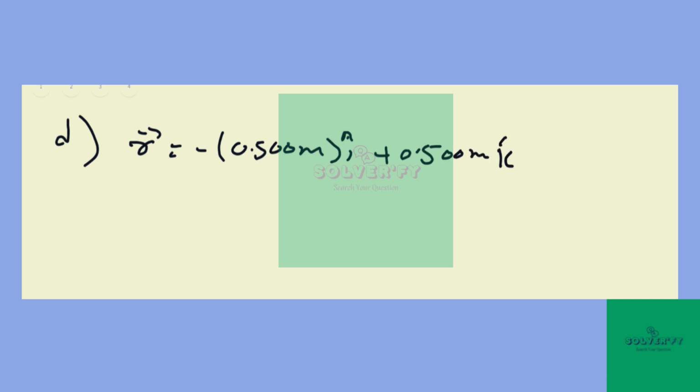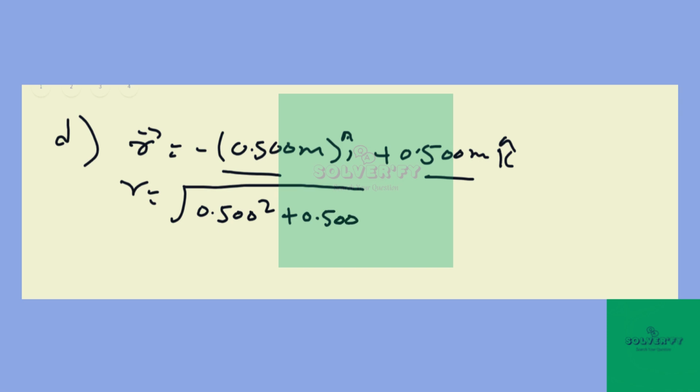Similarly, part D, for r equal to minus 0.500 meter in the j direction, plus 0.500 meter in the k direction. We can write r as the square root of the sum of squares of these components, which is the square root of 0.500 squared plus 0.500 squared. This gives us 0.7071 meter.